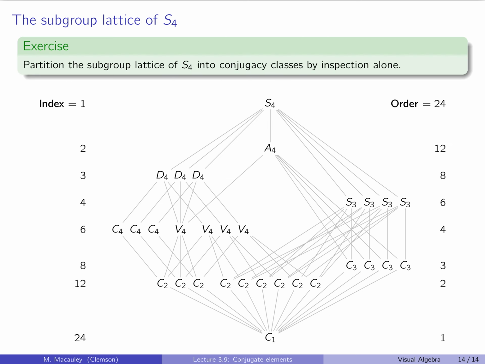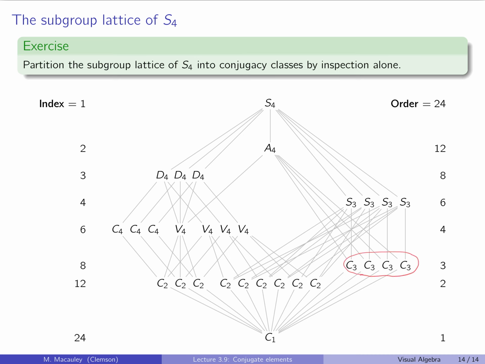Let's finish by partitioning the subgroup lattice of S4 into conjugacy classes from our knowledge of conjugacy classes of the elements of S4, just by inspection. So over here, we have the 3 cycles. We know that those are all conjugate to each other.